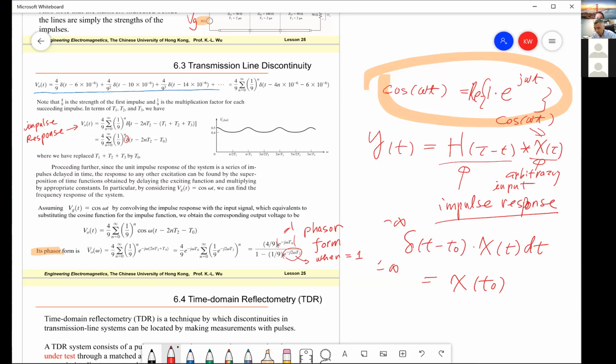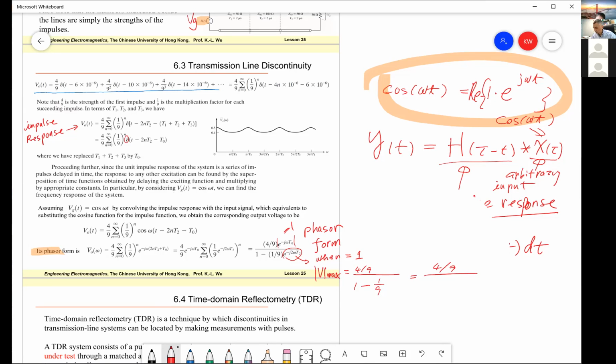Then we have the maximum, the magnitude equal to 4/9 divided by 1. So we have a maximum value of the magnitude.